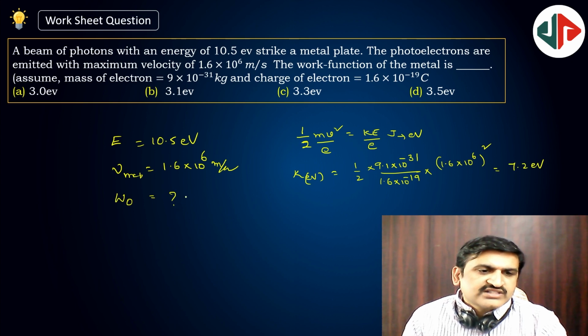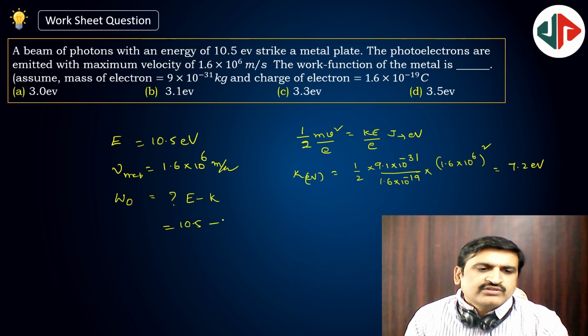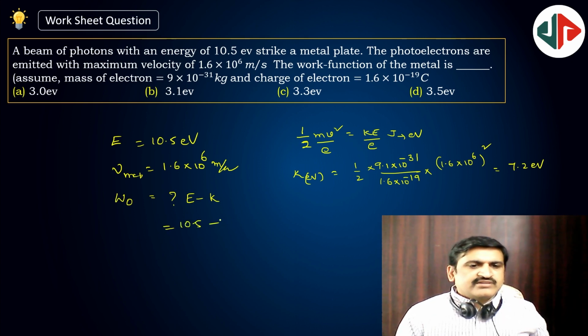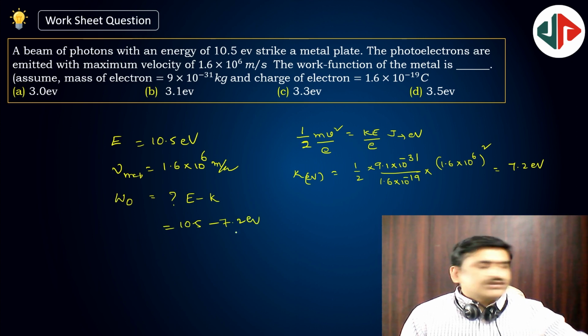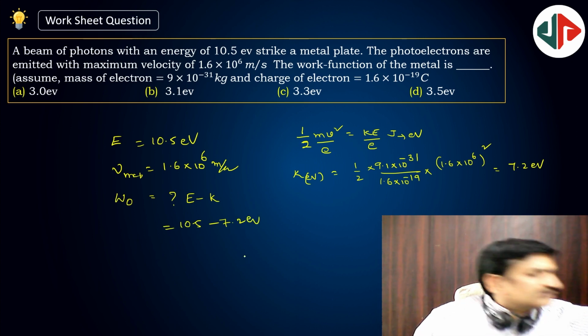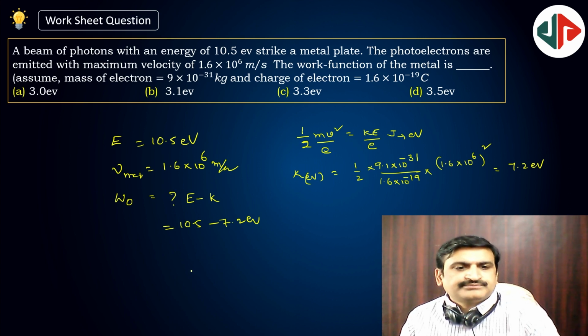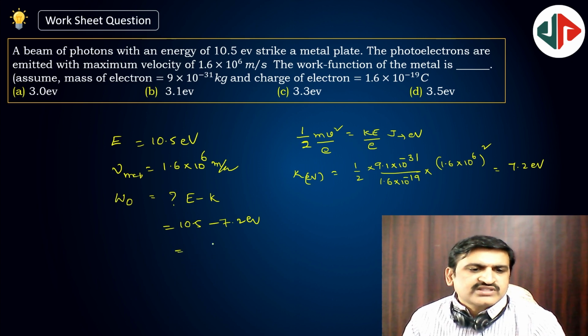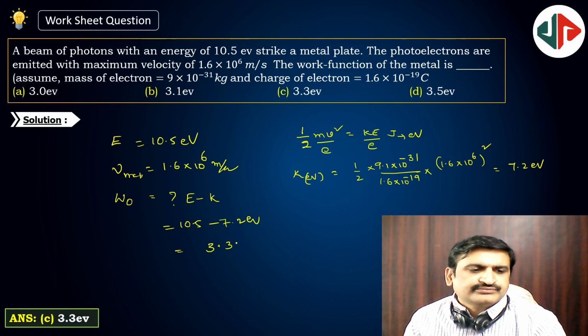So work function is equal to given energy minus kinetic energy. Given energy is 10.5 electron volt and kinetic energy is 7.2 electron volt, so the subtraction is around 3 point something, 3.3 electron volt.